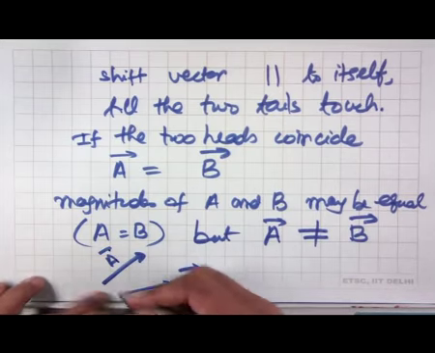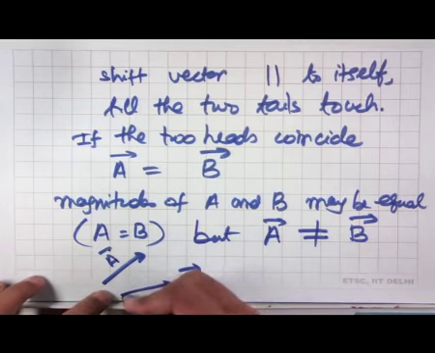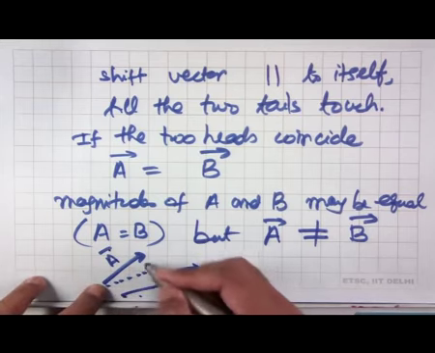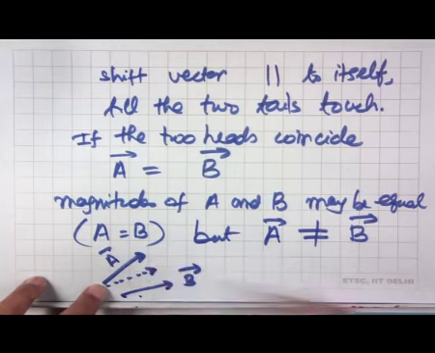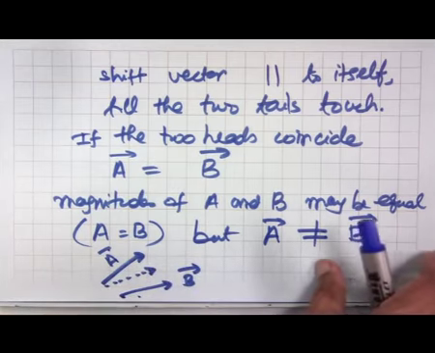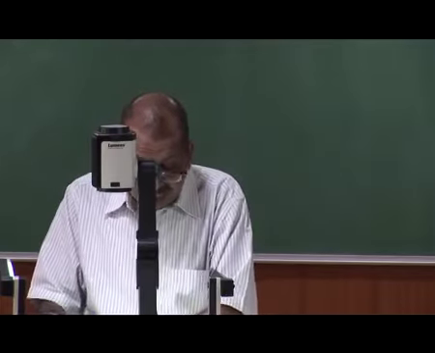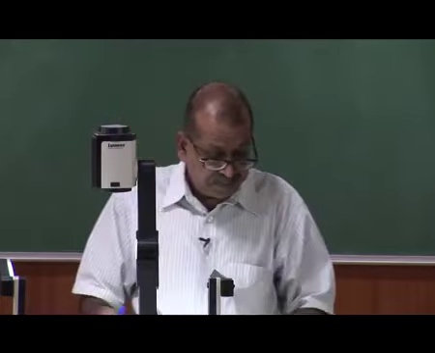Now when you shift the tail of B to A, the two tails will be at the same point, but the two heads will not coincide. So, therefore, vector A will not be equal to vector B. This is how we define equality of two vectors.